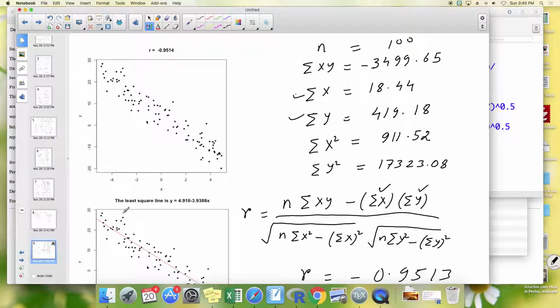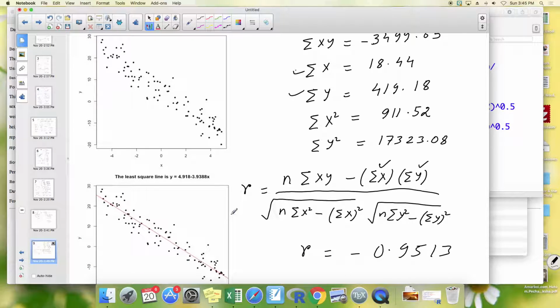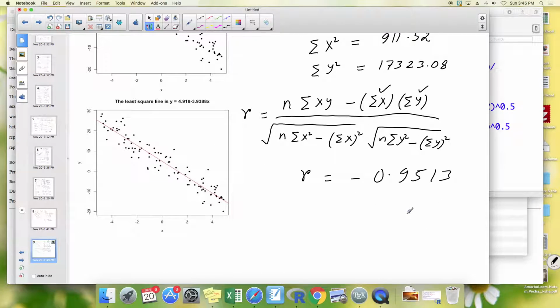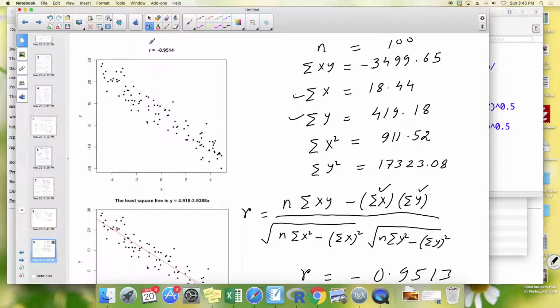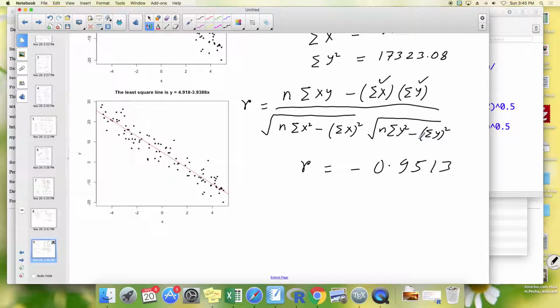Let's take this example. So we did not find, no, actually we did. So we found the R here, minus 0.9513, which we saw was close to the value the computer did. Now let me find out sy and sx. Actually, let me find x bar and y bar first.